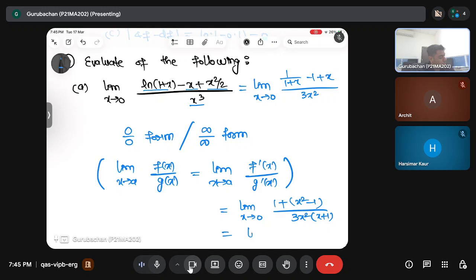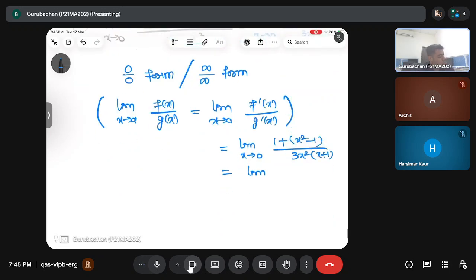So when you solve some more steps, this will be 1 by 3 into x plus 1. Now is this any kind of indeterminate form? No, sir. So we can directly substitute x equal to 0. This is a continuous function, so this will give you 1 by 3. Is it clear?